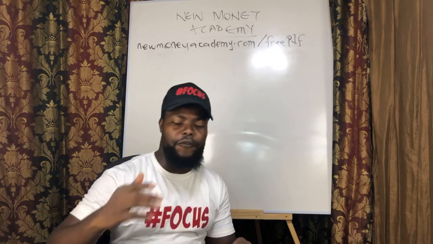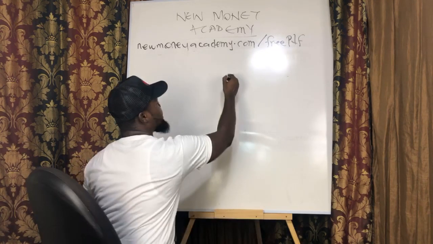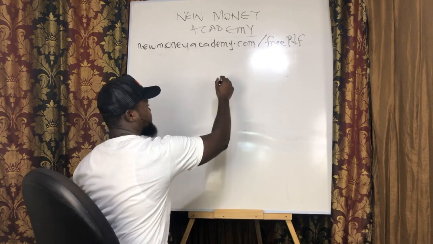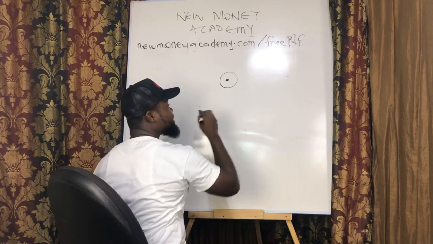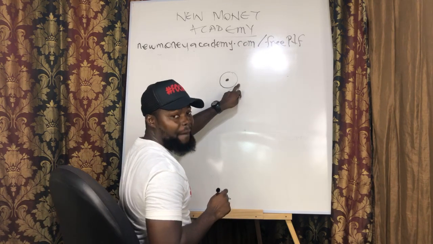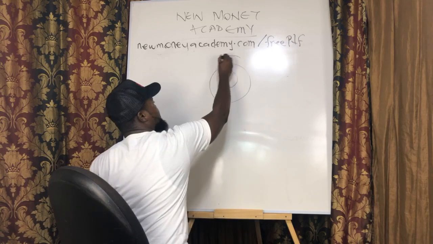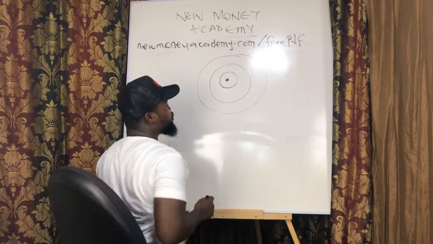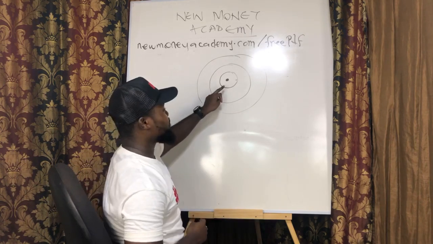Then you move to 2%. So it's something like this. These are your target audience, and the lookalike audience will be like this. First, the 1% lookalike audience, then it will move to 2%, then 3%.